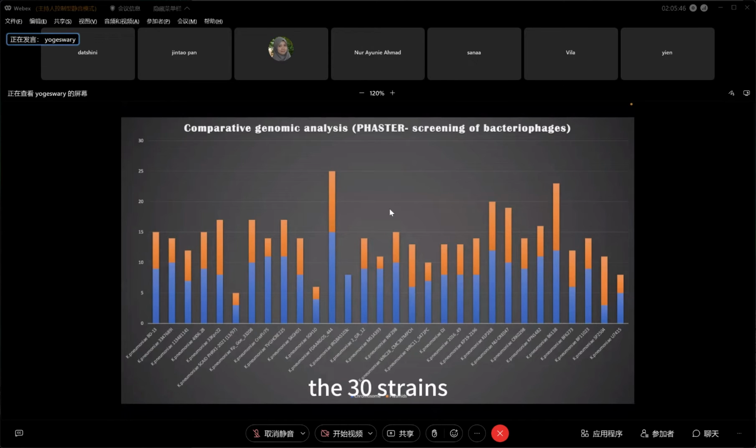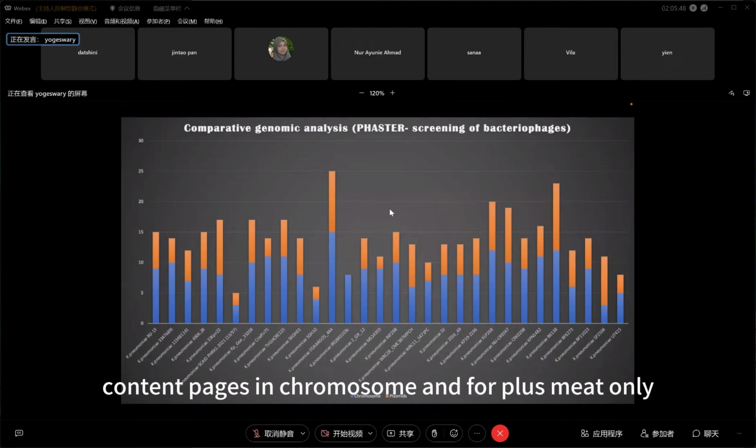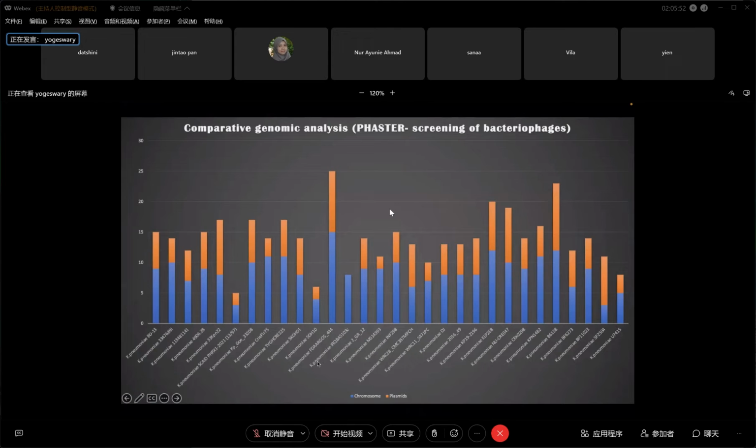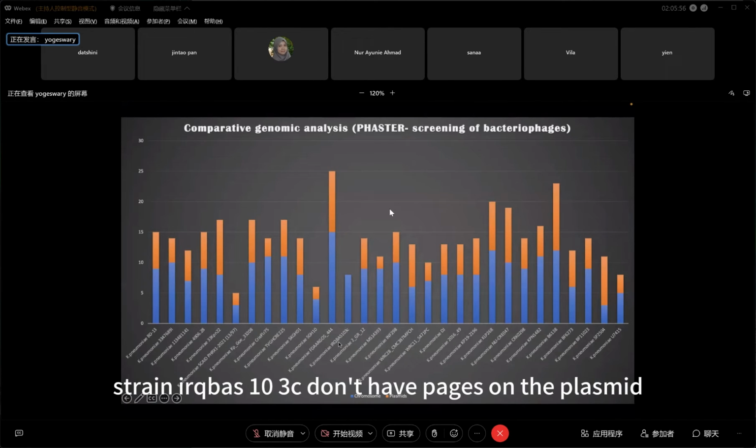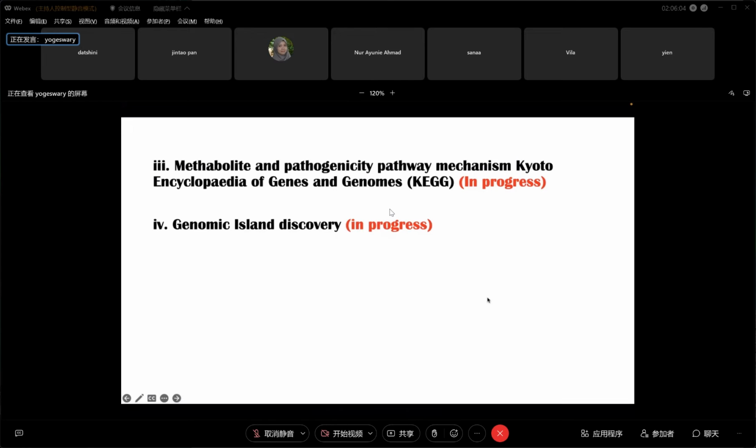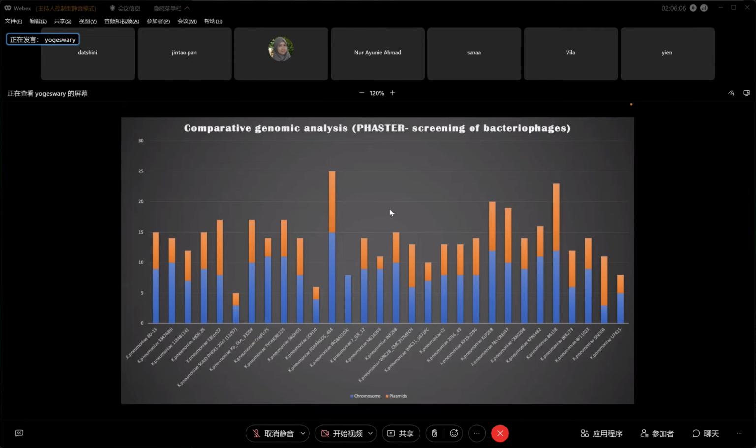All 30 strains contain phages in the chromosome, and for the plasmid, only this strain, IRQBAS1003C, doesn't have phages on the plasmid. Other than that, all 29 have phages in the plasmid and chromosome.